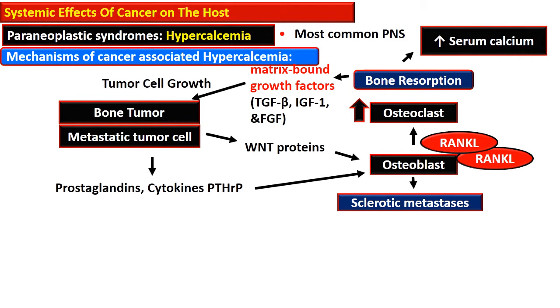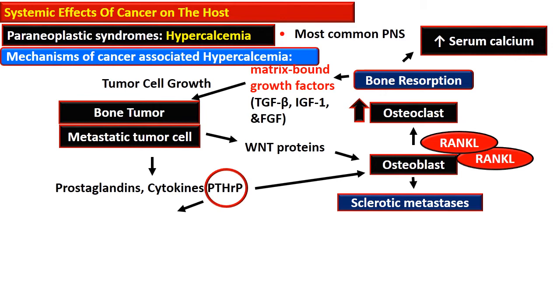When there is Wnt pathway activation, so there is a release of Wnt protein and there is osteoblastic activity, and the tumor will result in a sclerotic mass, and these tumors are osteoblastic in nature. This mechanism is not the paraneoplastic syndrome mechanism.